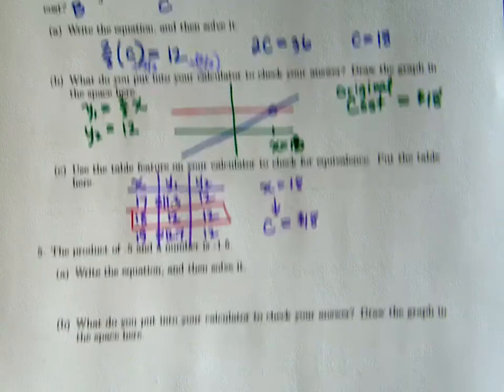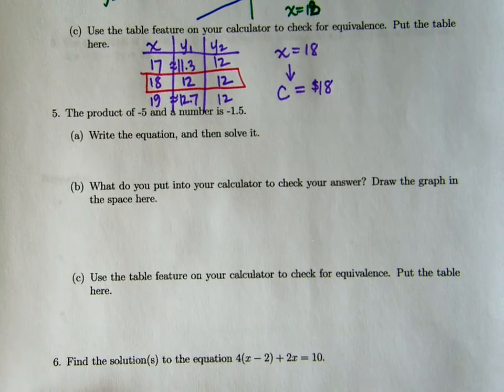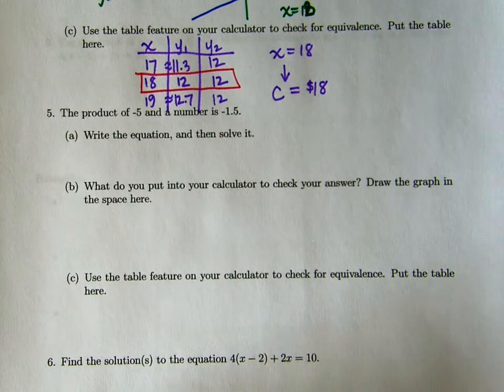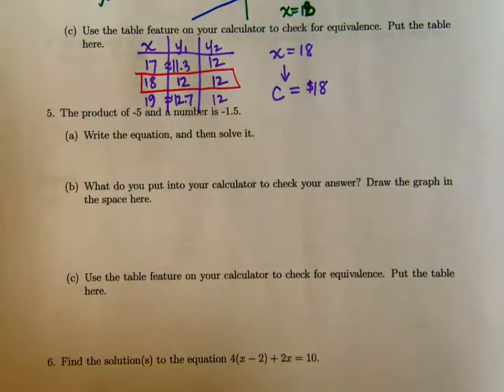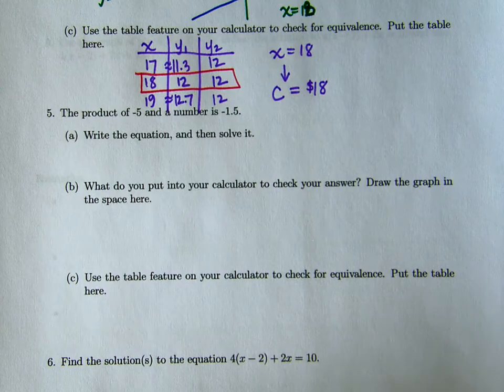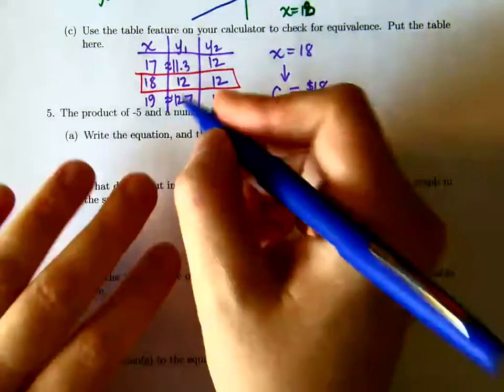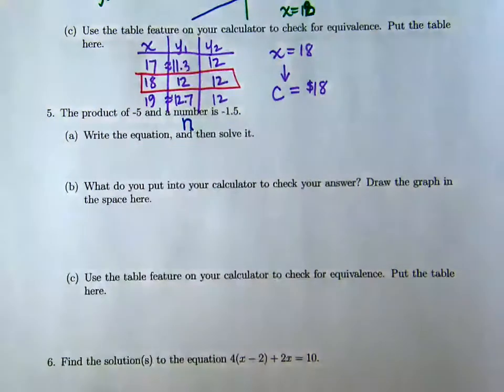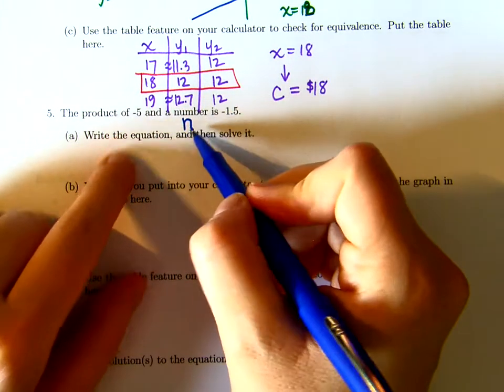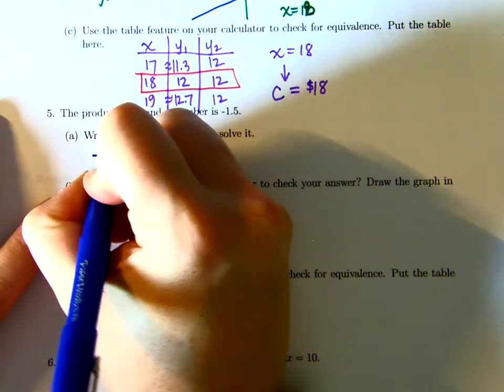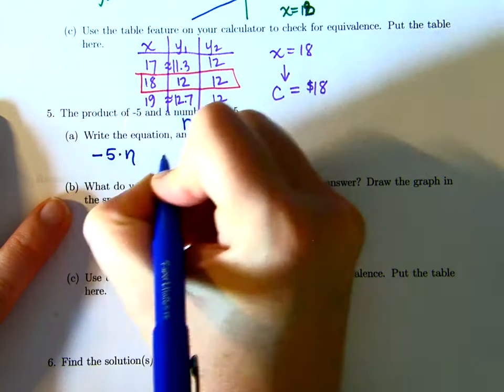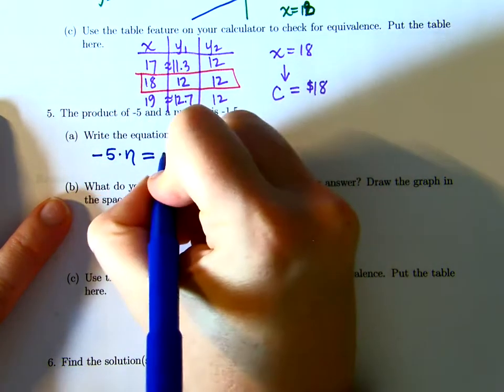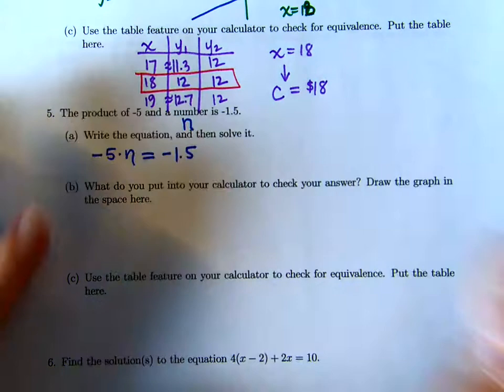Okay. The product of -5 and a number is -1.5. Okay. I'm just going to call the number n. So the -5 times n is equal to -1.5.